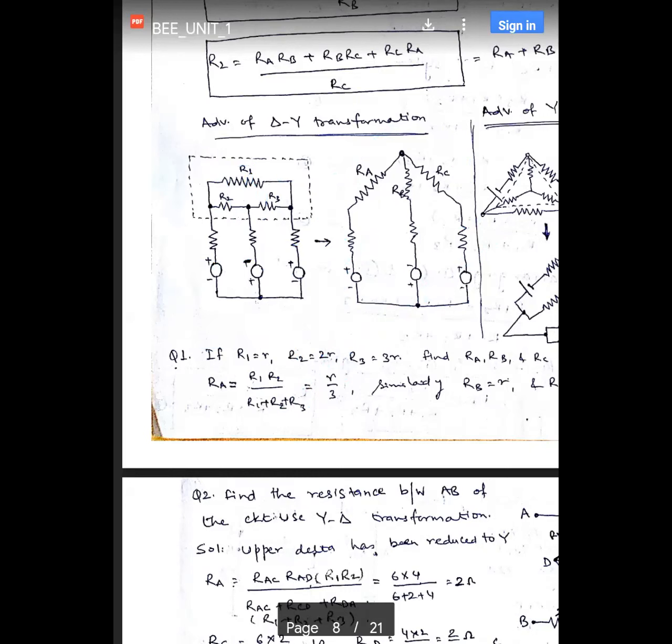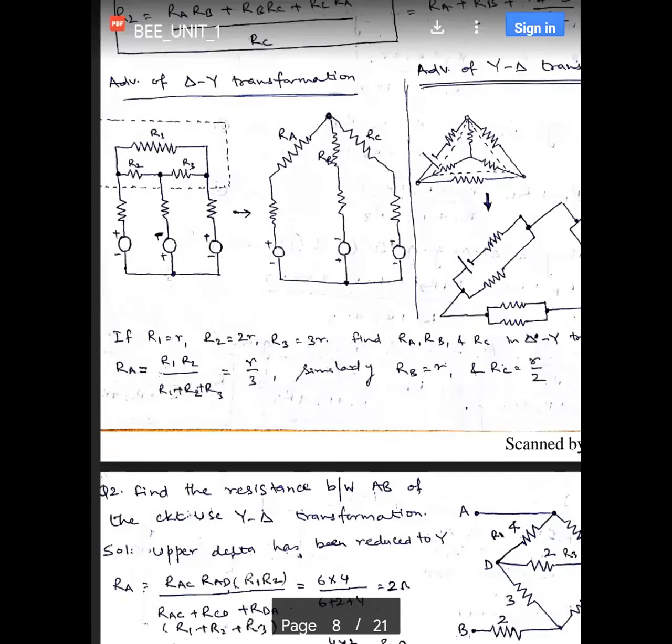We have seen that this battery source and these battery sources are in series, so they will be added up, and these two are also in series, so they will again add up. Okay, so we can solve this way.